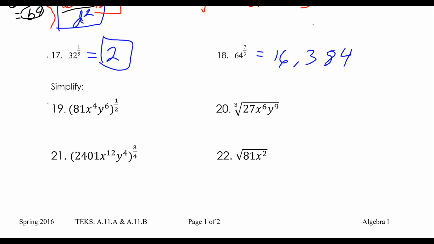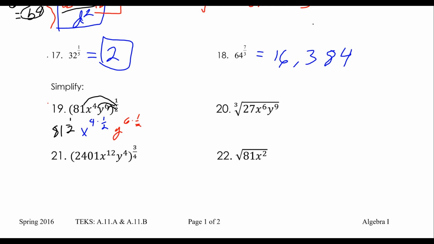What we do is we take the 1/2, we're going to send it to the 81, we're going to send it to the x, and we're going to send it to the y. So that's going to be 81 raised to the 1/2 power. That's going to be x raised to the 4 times 1/2 power. And it's going to be y raised to the 6 times 1/2 power.